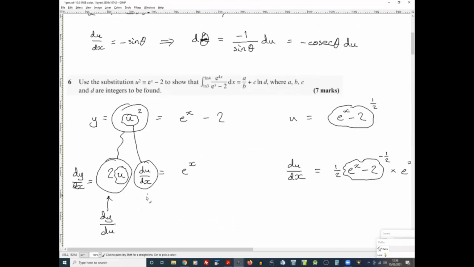Right, fine. So here, that's differentiating implicitly, isn't it? We're just going to differentiate the whole equation with respect to x using the chain rule where necessary. And then notice if we make du dx the subject there, what do we get?